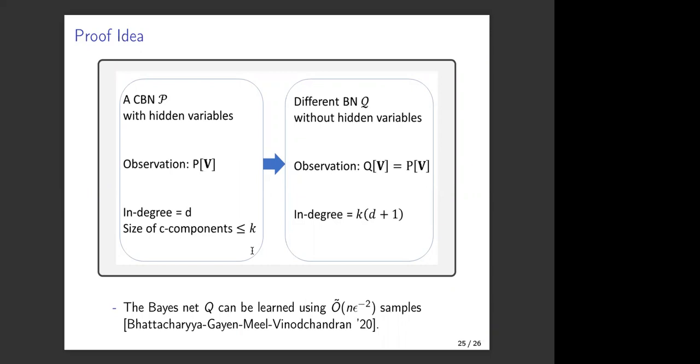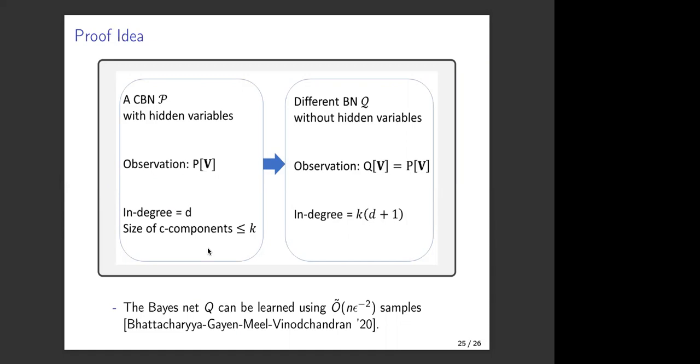Their paper gives a way of writing the CBN as a Bayes net without hidden variables, so that the observational distributions are the same. When we convert that, if the in-degree of the original CBN is D and the C components are at most K, then the in-degree of the new Bayes net becomes K times D plus 1.